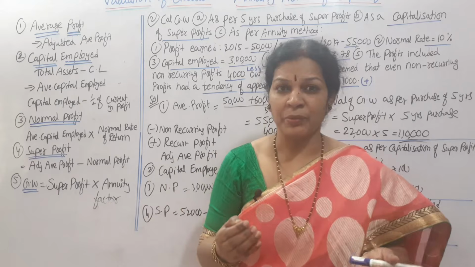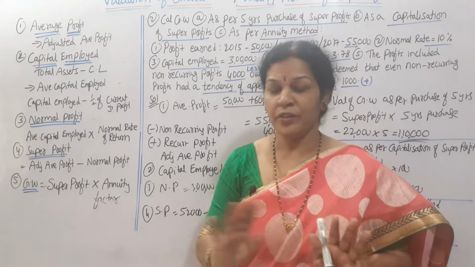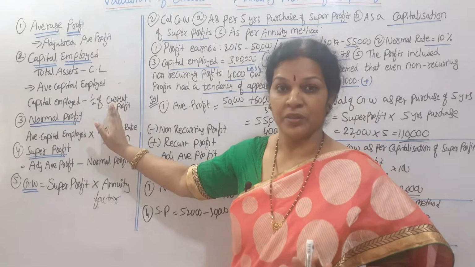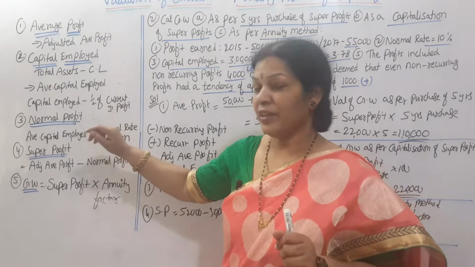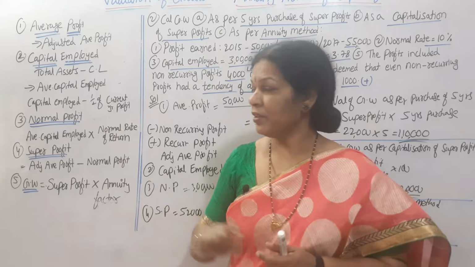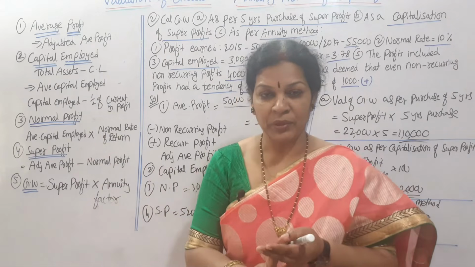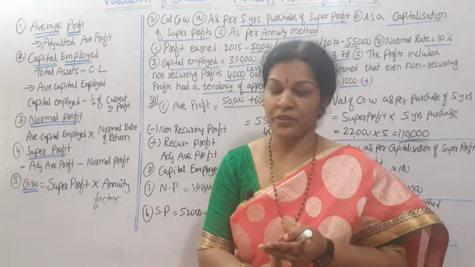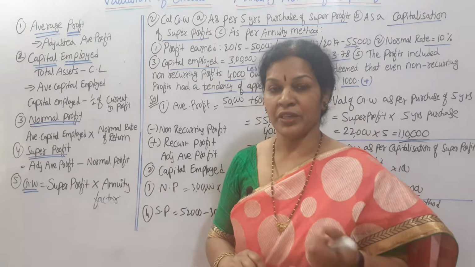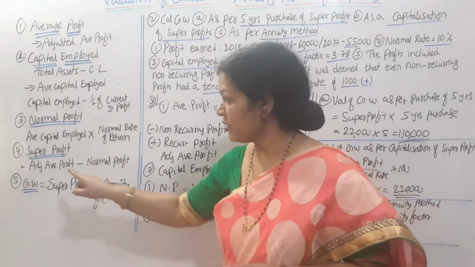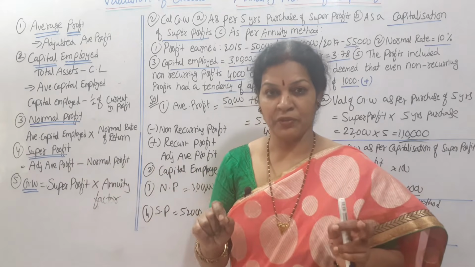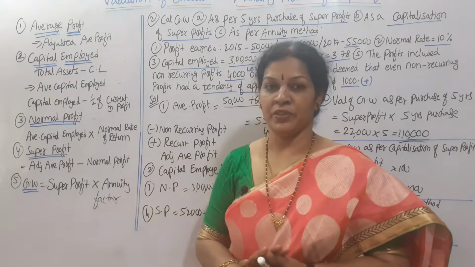If capital employed is directly given, you need not calculate this and need not deduct half of the current year's profit. And after that, normal profit formula, remember: capital employed into normal rate of return. Next, super profit is always adjusted average profit minus normal profit.